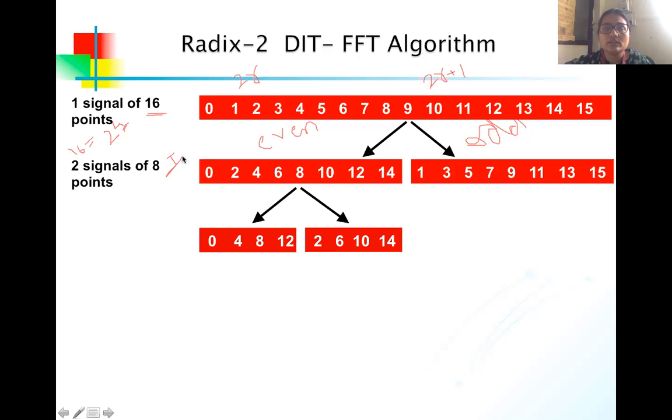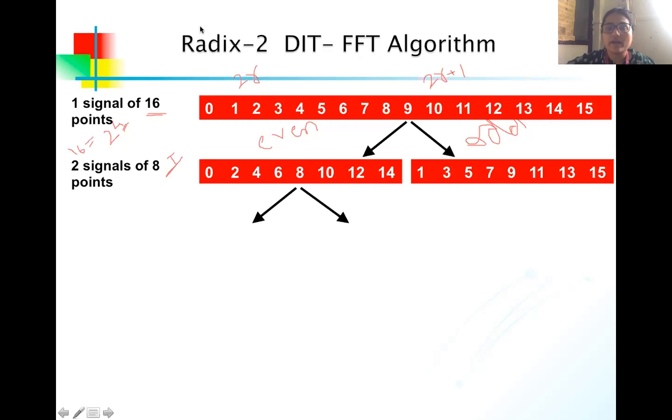Then further, this is going to be divided again into even values and odd values. For this particular sequence, the value 0 is at the 0th position and this value is at the second position. So we can collect the even values and odd values together: 0, 4, 8 and 12 are the even values. And what are the odd values?